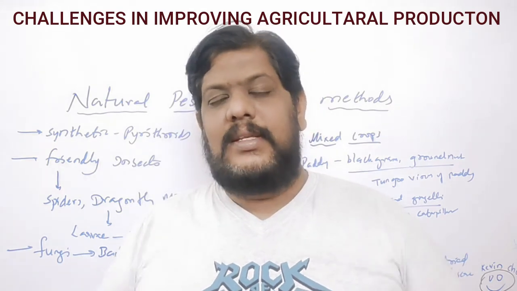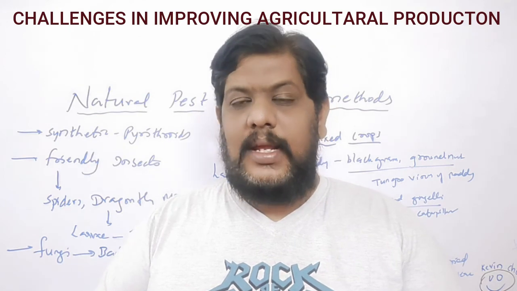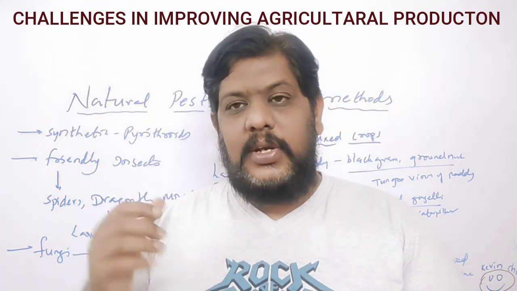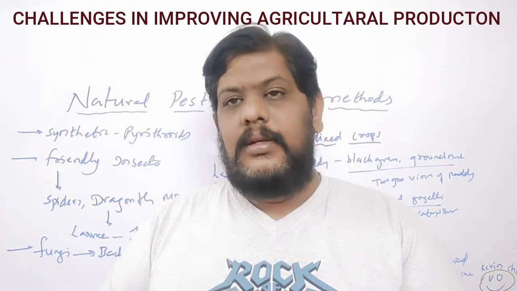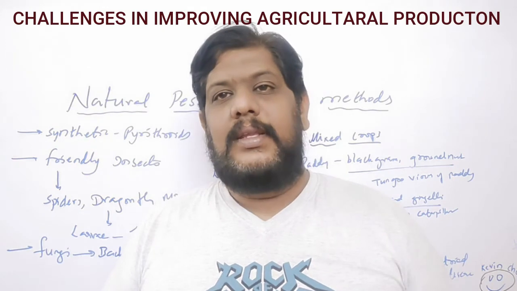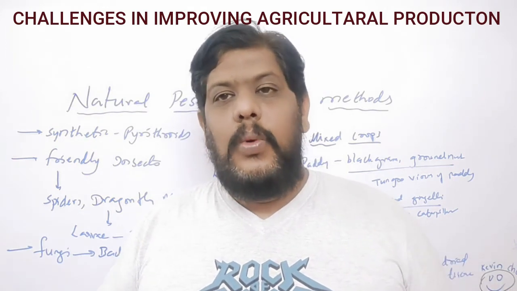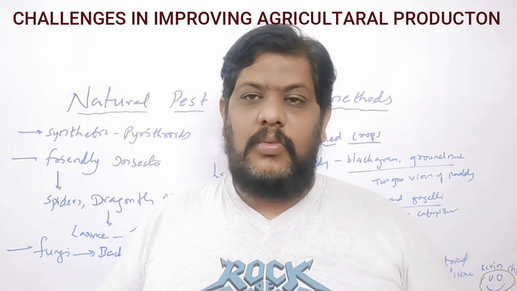All these things will be helpful in maintaining the soil health. And if these methods are used continuously, we can definitely see an improvement in the yield, right? There are a lot of challenges for the farmers, but they will definitely overcome them if they use these methods that we have studied till now.